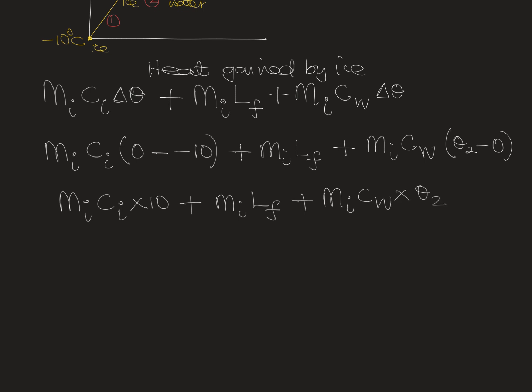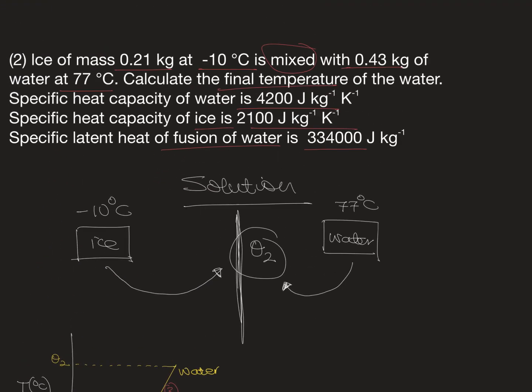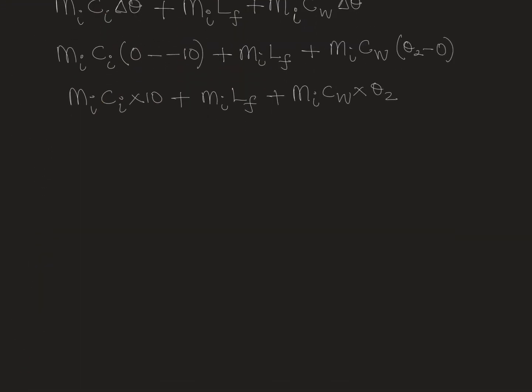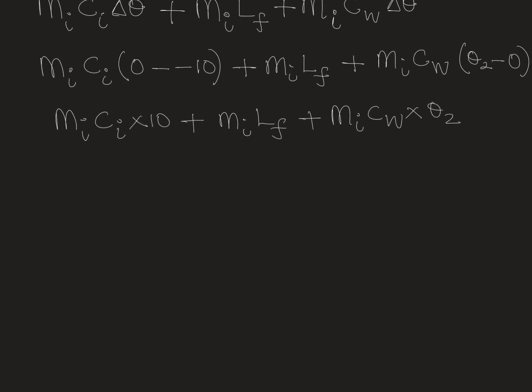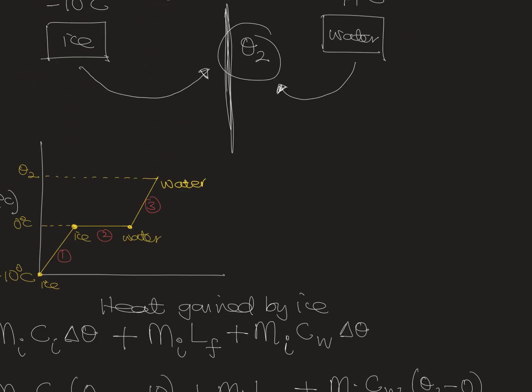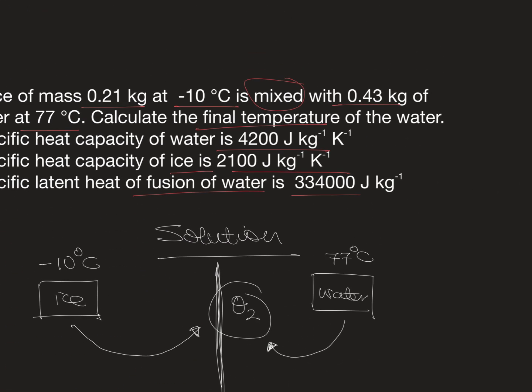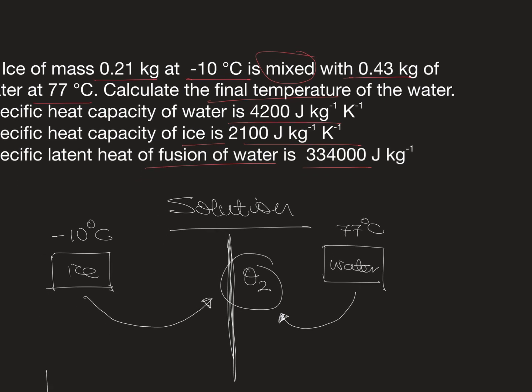If we substitute the values that we have here, what is the mass of the ice? The mass of the ice is 0.21 kilograms times the specific heat capacity of the ice, given in the question as 2100 joules per kilogram per Kelvin.